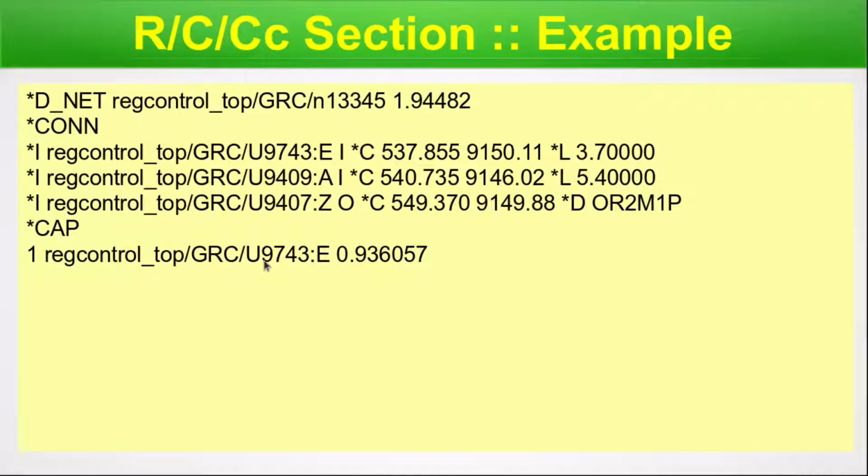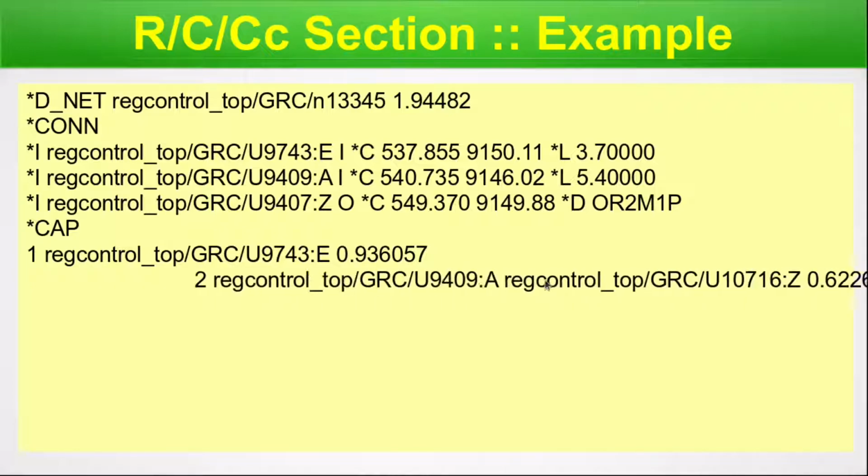If this field is a number, it will denote an internal node instead of a pin, which is usually an alphabet. So here, instead of an alphabet, if we have a number, it will denote an internal node. The next field is the capacitance value for the pin or node, whichever is applicable. This is the capacitance value. This is the lumped capacitance value, or the capacitance with respect to the ground, because this is a simple capacitor expression.